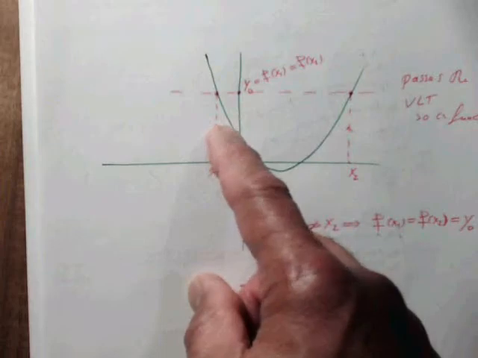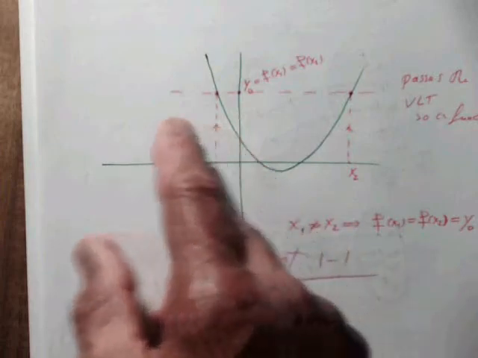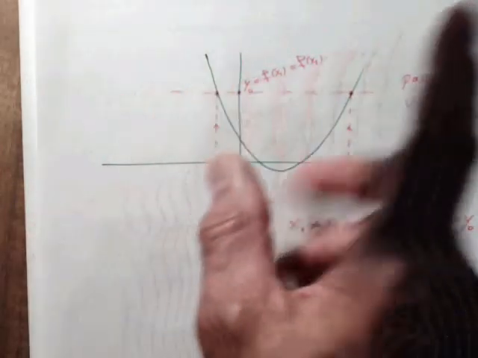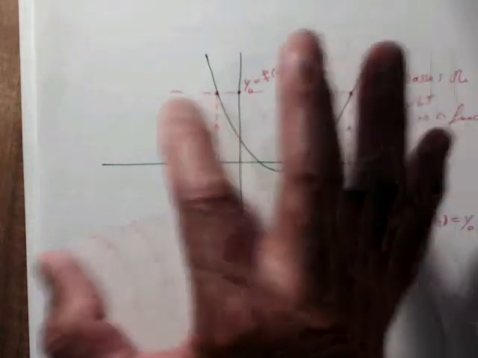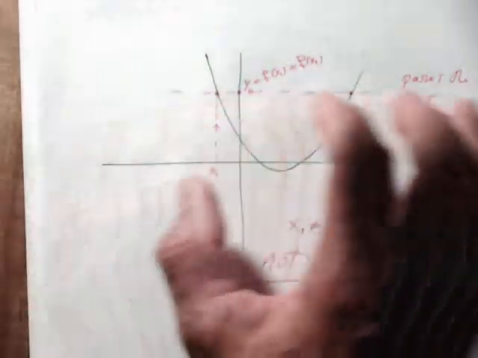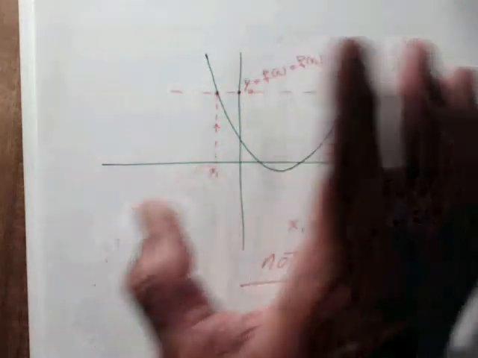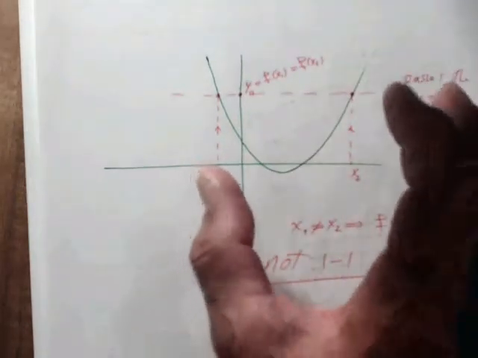This is called the horizontal line test. All you need is one. If you can find one horizontal line that crosses the graph at more than one point, then you can conclude that that function is not one-to-one.